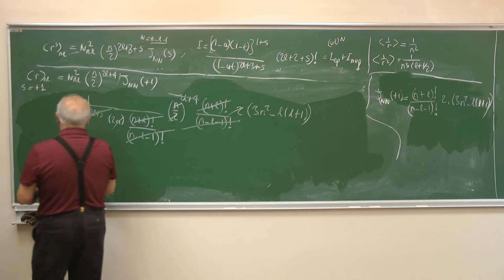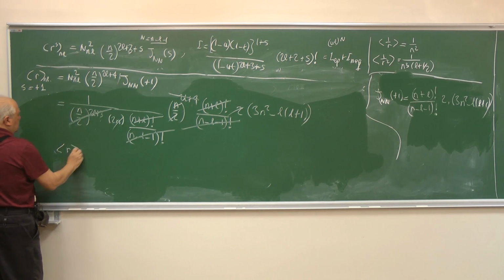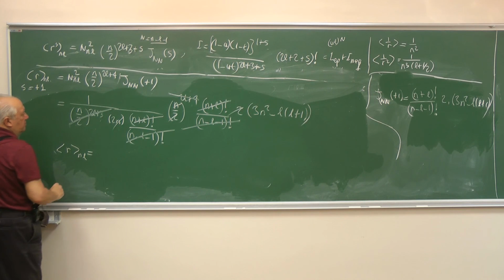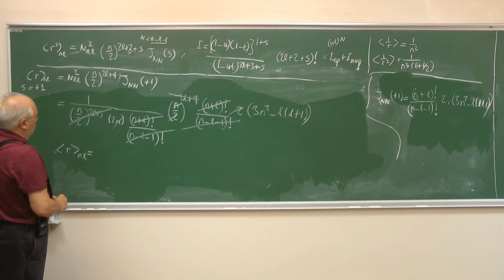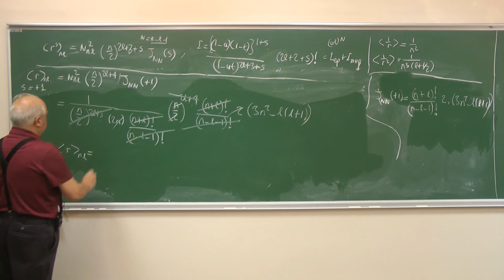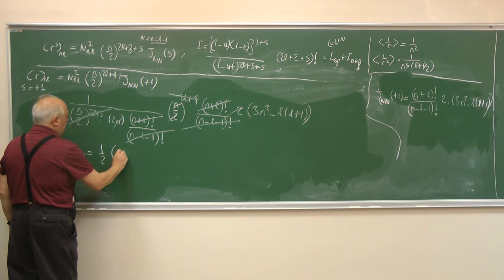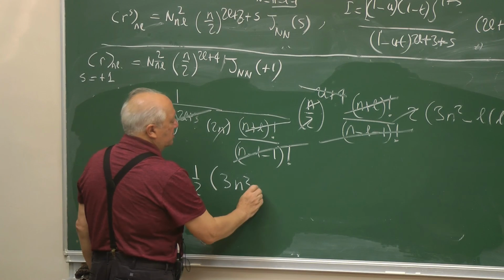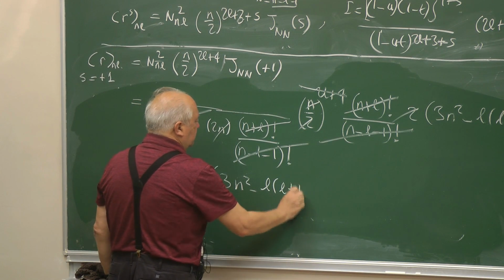So the result is R n L is equal to 1 over 2 times 3n square minus L times L plus 1.